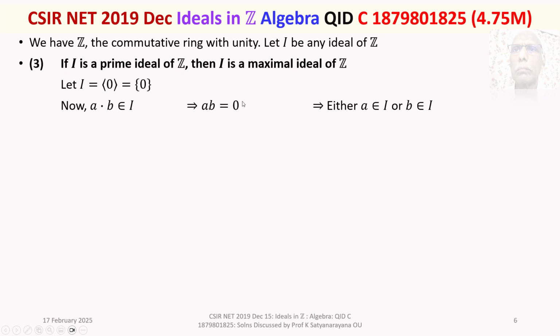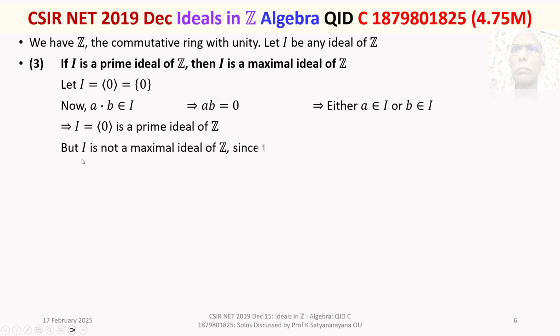Therefore, ab is 0, where a and b are integers. Since ab is 0, either a belongs to I or b belongs to I. It's a proper ideal, right? So, it follows the definition of the prime ideal. Therefore, I, the ideal generated by 0, is a prime ideal of Z.